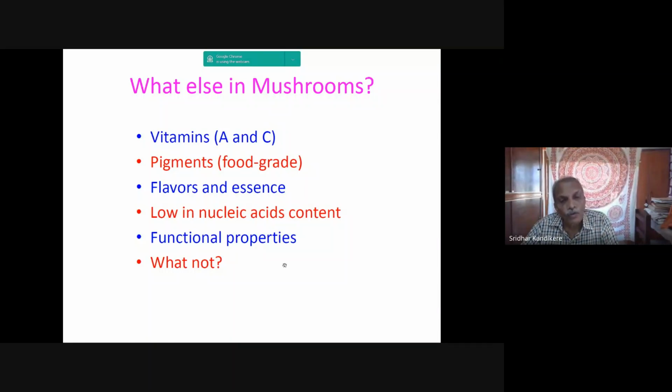Based on our experience with Dermatomyces, Astreus and several other Volvariella, Volvaceae, they meet some of these, for example, foaming property or emulsion properties. If it is a good emulsifier, it can be used as an emulsifying agent. And if its gelling property is very good, it can be used in ice cream.